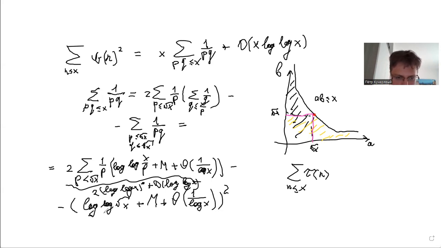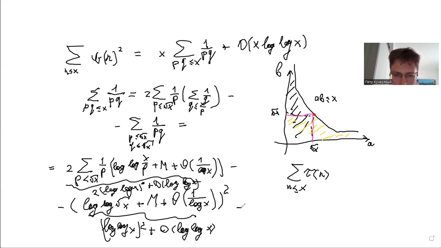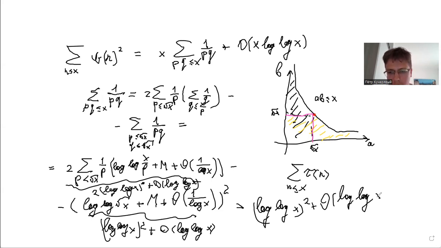Minus, and here of course this is log x squared again plus big O of log x. Here we have 2 minus 1, we get log x squared plus big O of log x. Okay, is it clear?